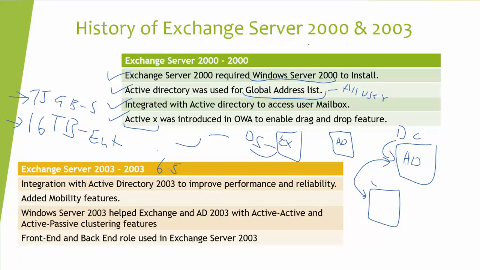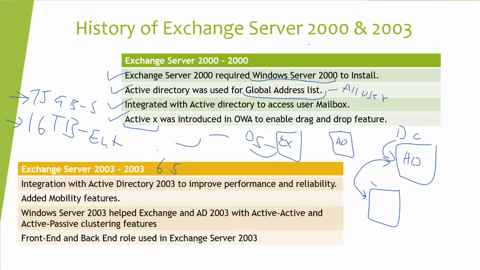This version of Microsoft Exchange Server was compatible with the 32-bit version only, and was not going to install on 64-bit. So as I said earlier, it was only supported with the 32-bit version, not with the 64-bit version of Windows Server 2003.